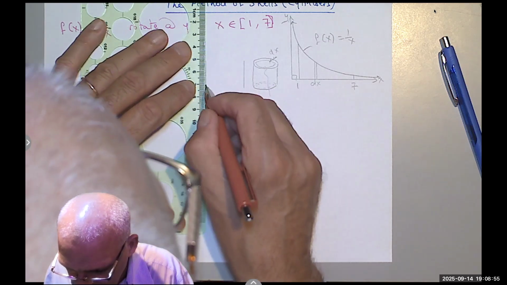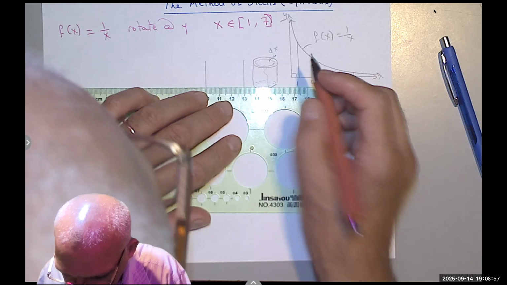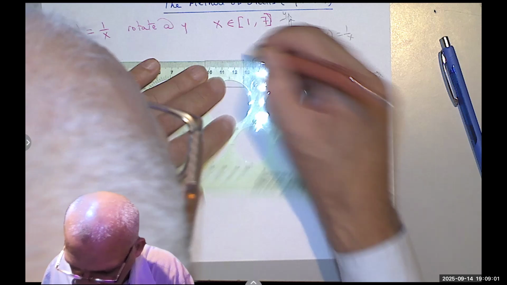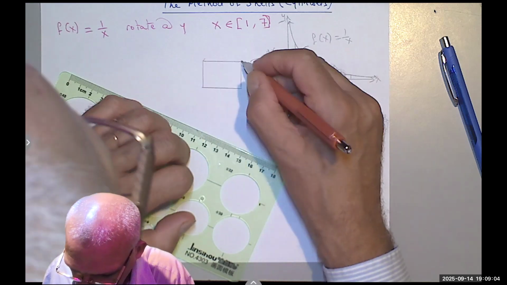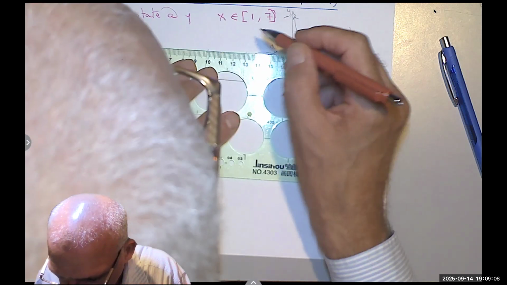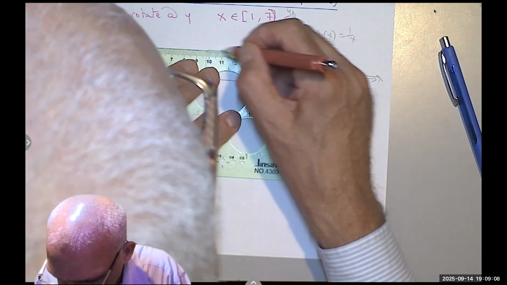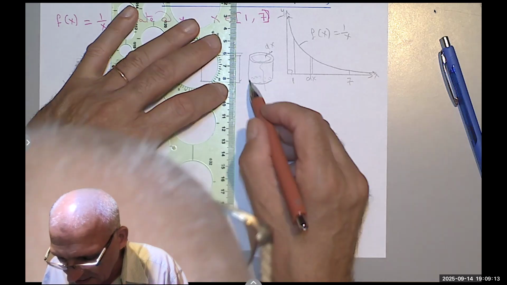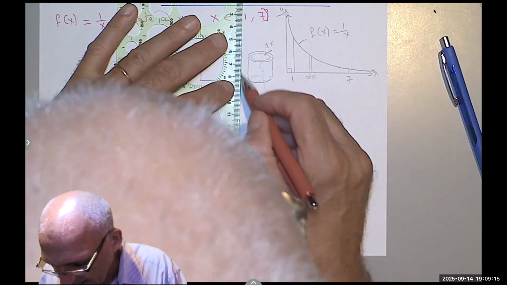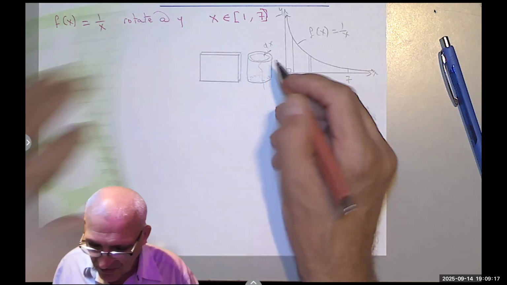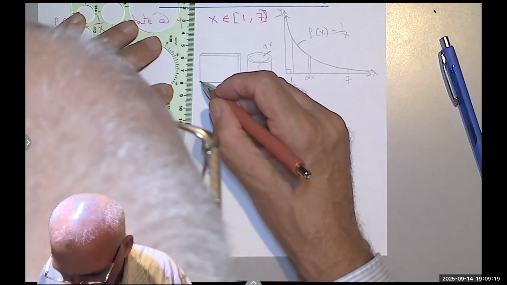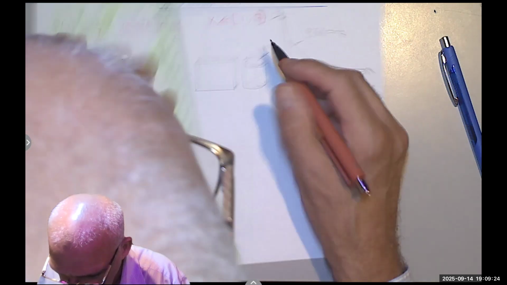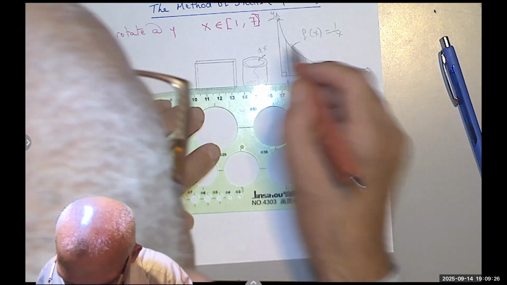That rectangular prism has a thickness of dx, has a height of f of x, and what is the length of the base? It is the circumference of this circle. That's why we multiply by the circumference of the circle.